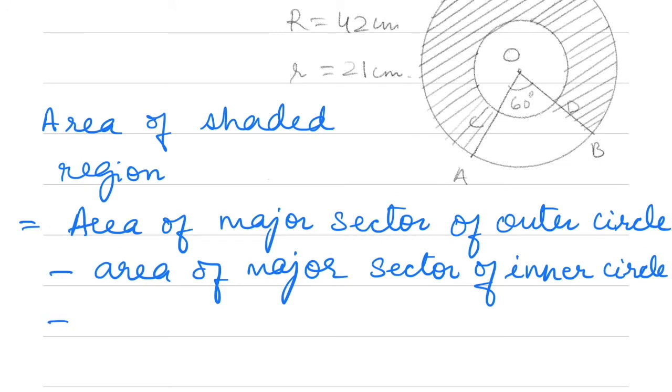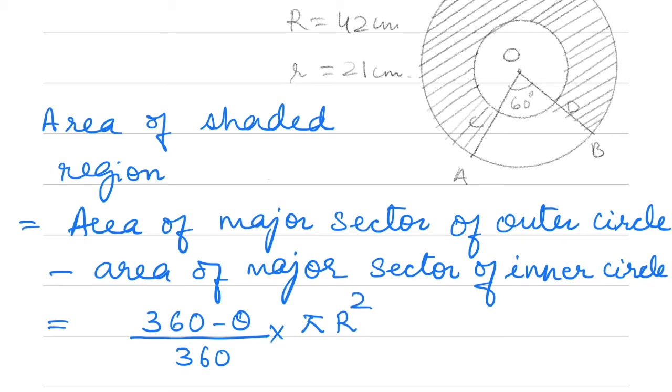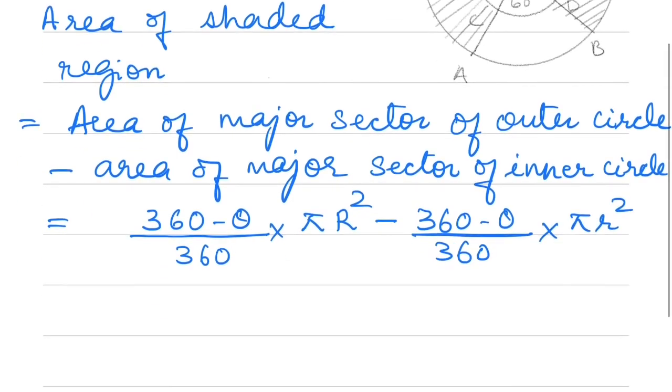So we can say (360 minus theta) by 360 into pi r square minus (360 minus theta) by 360 into pi r square. Now we can take 360 minus theta and pi common.